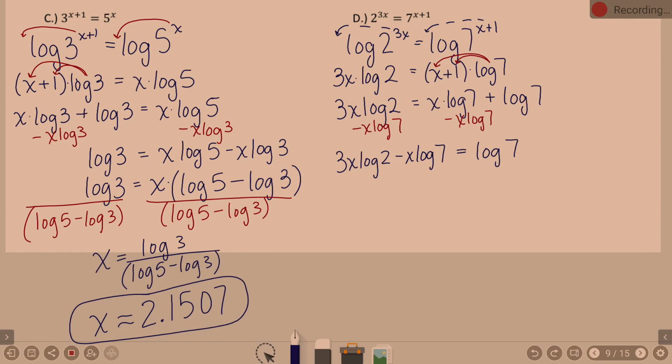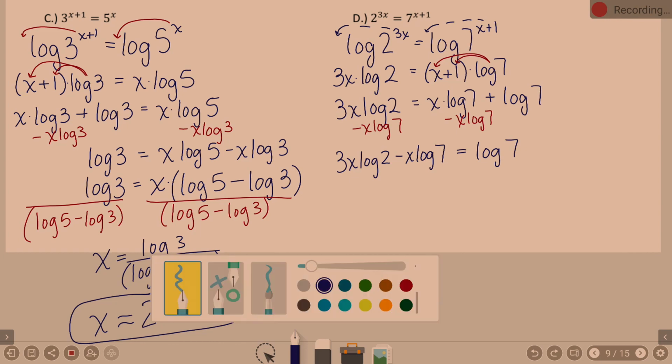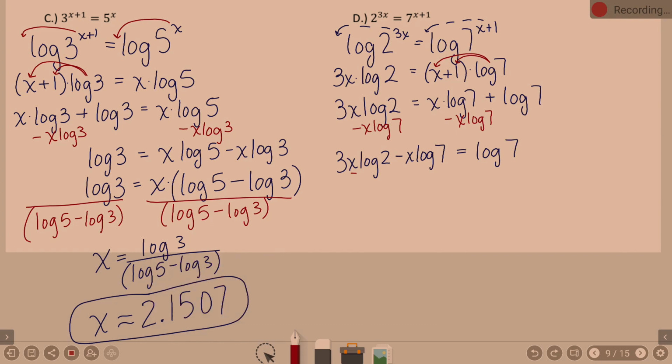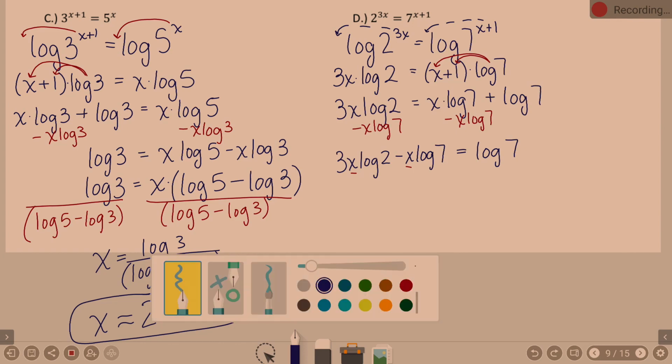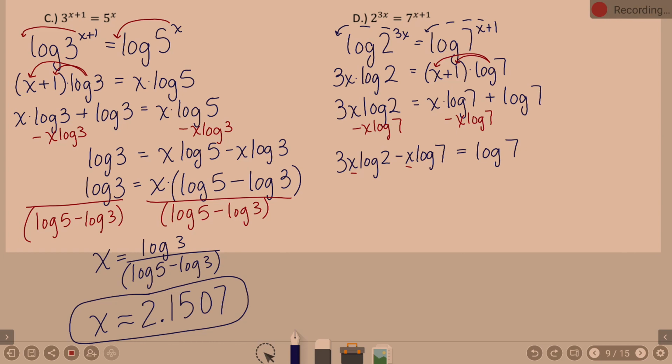Okay. Since both terms have an x, that's our GCF. We're going to take that x and factor it out. So when I factor this x out, now, keep in mind, this first one is 3 times x times log 2, yes?